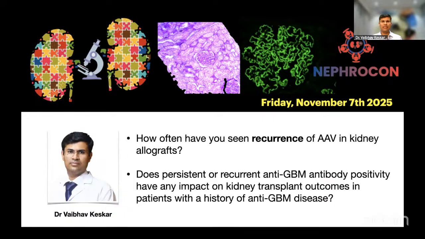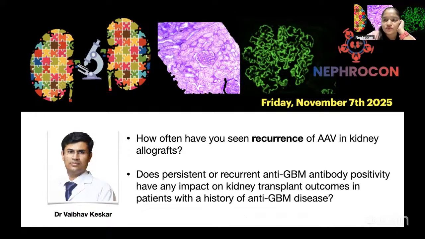And typically the transplant immunosuppression appears to protect against such recurrences. Whenever we see such recurrences, we try to treat them with either rituximab or cyclophosphamide. The recurrence doesn't mean that we are going to lose the graft. We can still treat these patients and improve renal graft survival.